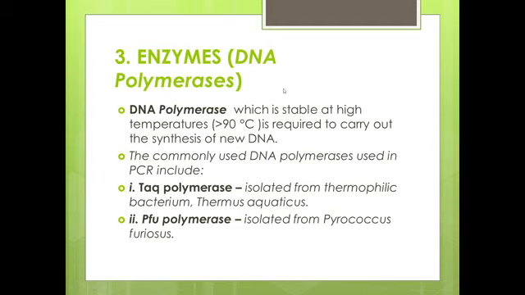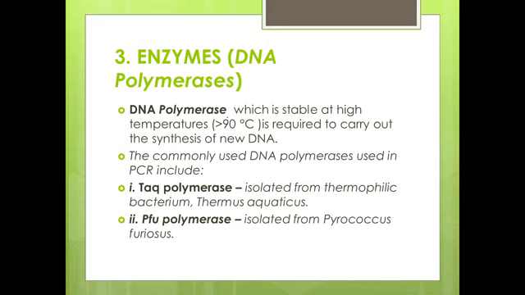Now these DNA polymerases, unlike the normal polymerases which are used during the normal replication in vivo or inside the living cells, are different in the sense that they are heat resistant. They are able to withstand much higher temperatures above 90 degrees centigrade, while the normal DNA polymerases get denatured at such higher temperatures.